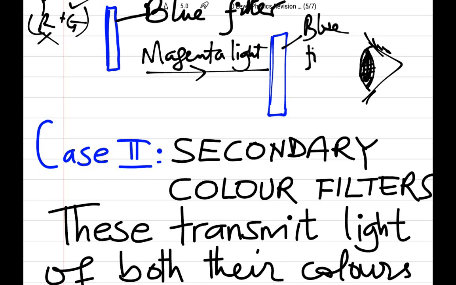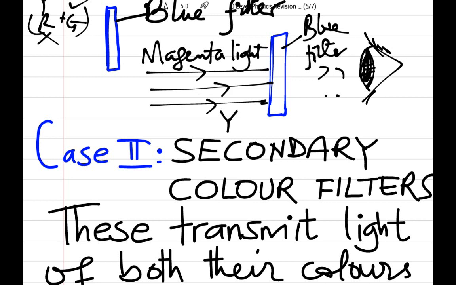What will the person see? And supposing you have yellow light incident on a blue filter, what will the person see? And lastly, if you have red light incident on a blue filter, what will the person see? So we have three cases: the magenta light incident on a blue filter, the red light incident on a blue filter, and the yellow light incident on a blue filter.